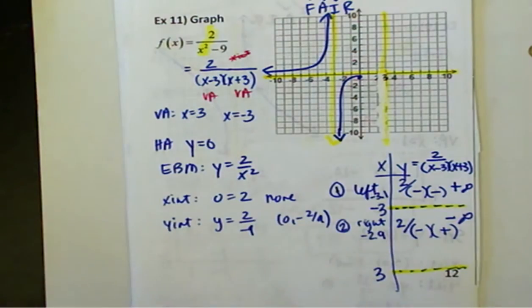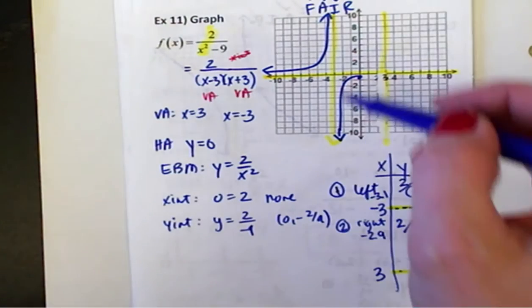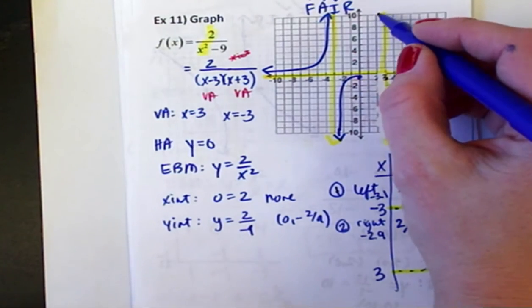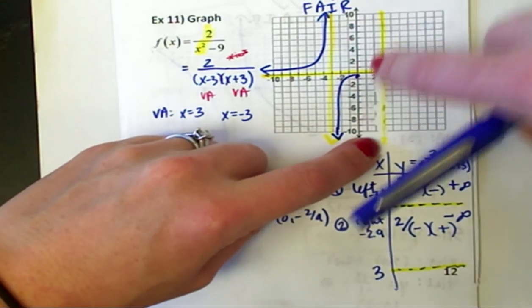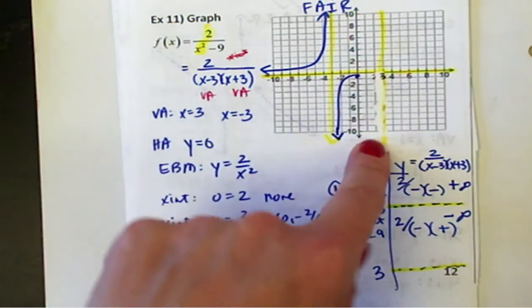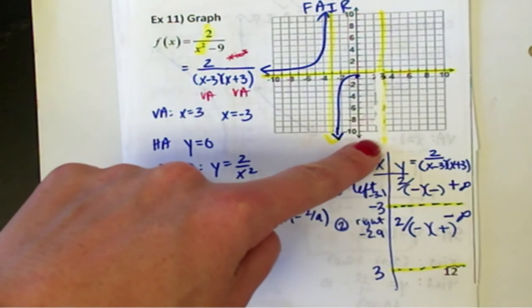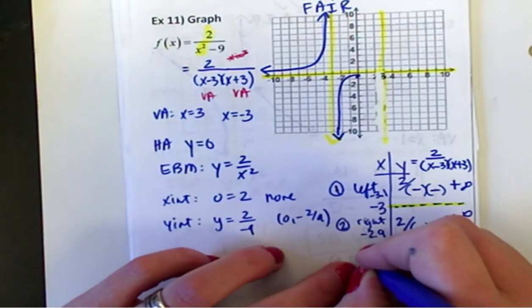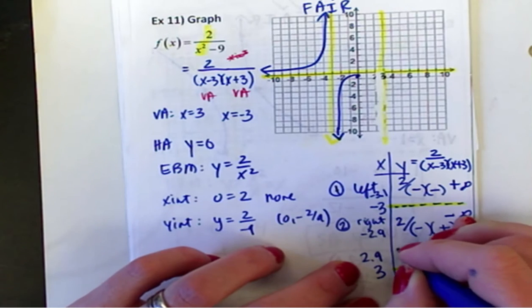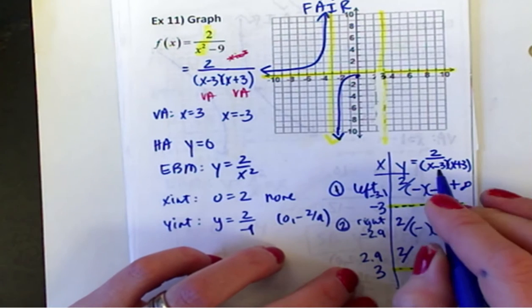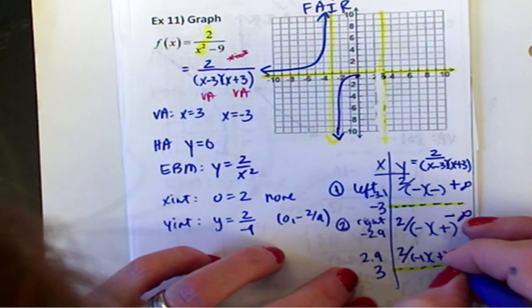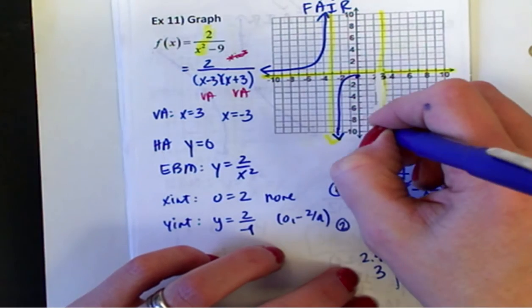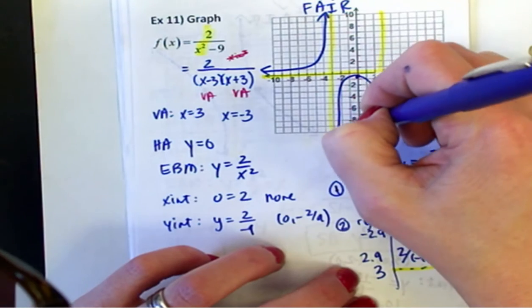Now, when I'm looking at this, can my arrow go up or down? It has to go down because you cannot touch the x-intercepts because you already told me there aren't any. And so I'm going to do positive 2.9 just to be sure. So I get negative times positive, so that's negative, means my arrow points down.